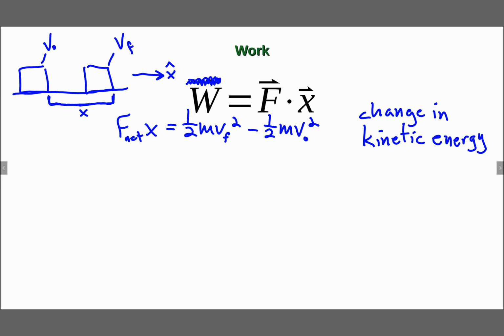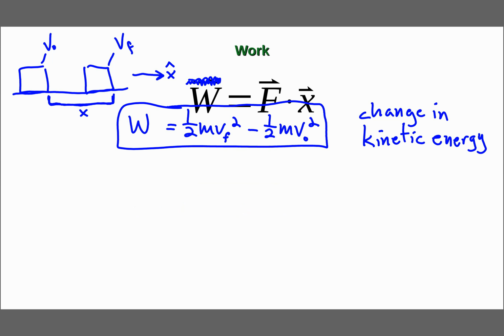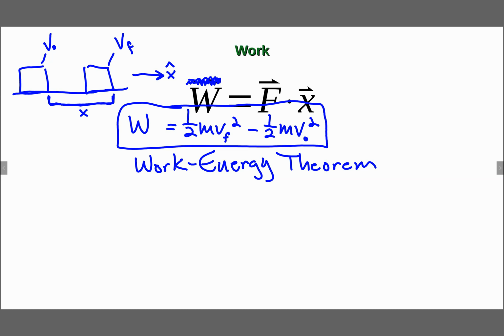So this equation, if I replace this F net x with W, because this is work, this equation is an equation called the work energy theorem. And the work energy theorem says that the total work done on an object is equal to the change in kinetic energy, okay? Where kinetic energy is this 1/2 mv squared for the object.